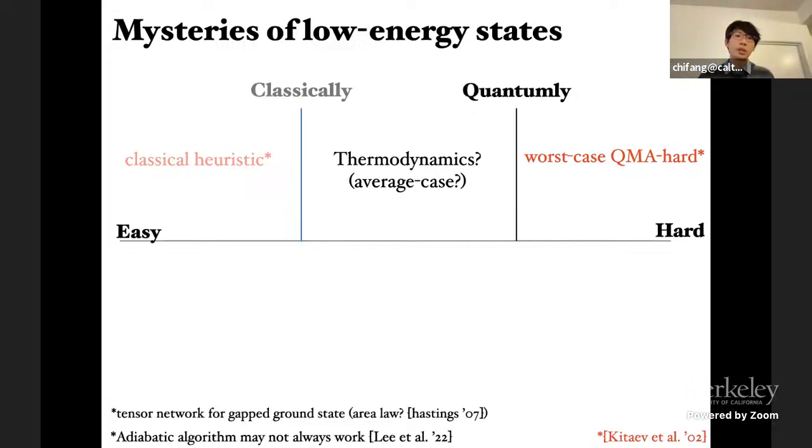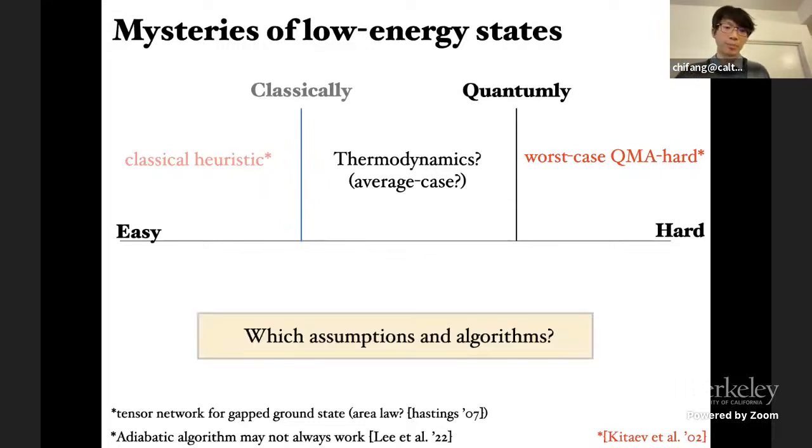And in particular, if you want to argue that quantum computers can do very well, then you kind of want something in the middle, that maybe it's quantumly easy, but classically hard. So this has been a very active direction that many people are working on. And the thing we want to do here is really to draw the right assumptions and algorithm that allows us to cut these different regimes.